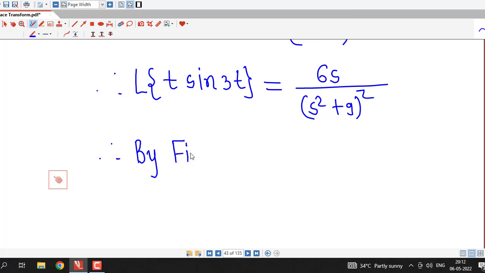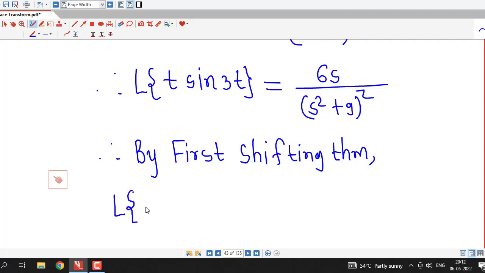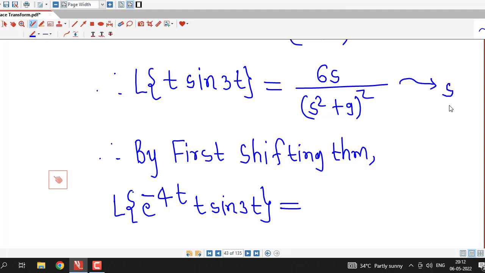Therefore by first shifting theorem, Laplace transform of e raised to minus 4t times t sin 3t is equal to this function in which s is replaced by s minus minus 4, that is s plus 4.